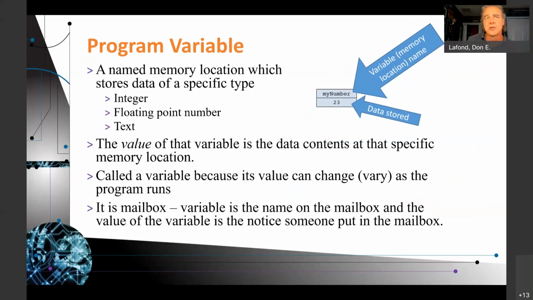So an integer is, I like to call it a counting number, but it actually could be negative as well. So it's 0, 1, 2, 3 into infinity, and then 0, -1, -2, -3 into infinity. So those are integers. They can be positive or negative. Floating point is any number that has a fractional part.